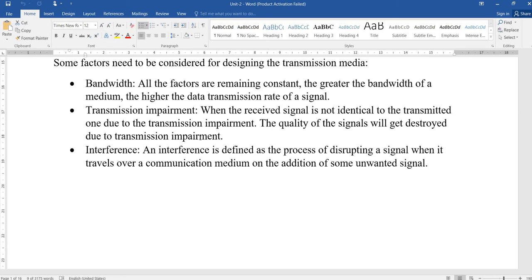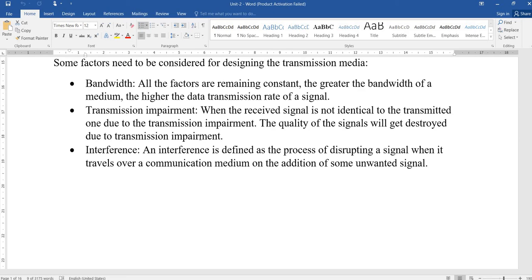So if the bandwidth is higher, the transmission rate increases. But even if we have a higher bandwidth, it depends on the allocation. Suppose I have a 10 Mbps broadband connection.